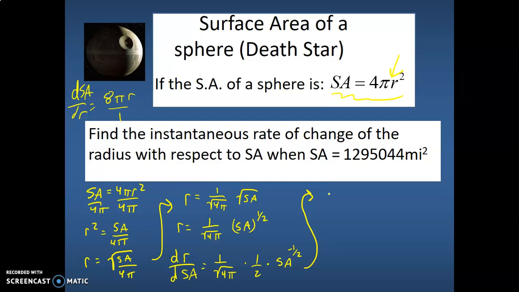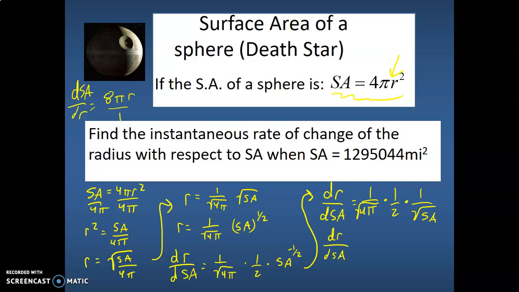So then I can just plug it in. dr over dSA would be 1 over the square root of 4 pi times 1/2 times SA to the negative 1/2 power, which would be 1 over the square root of surface area.